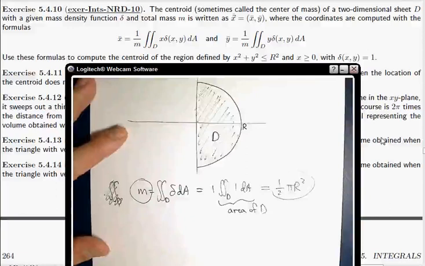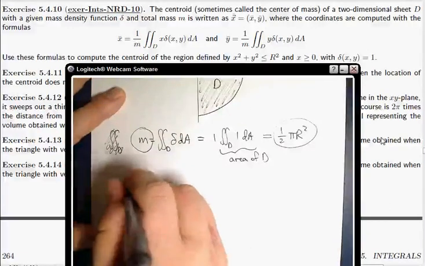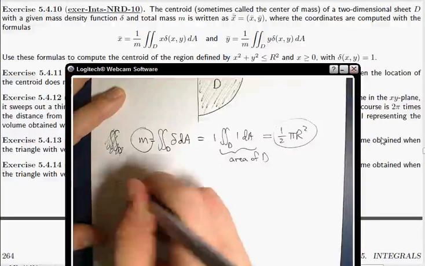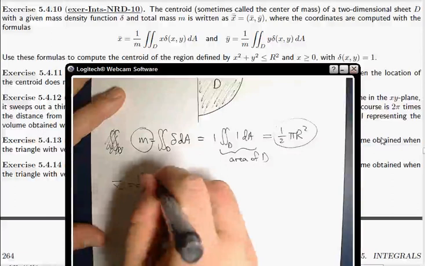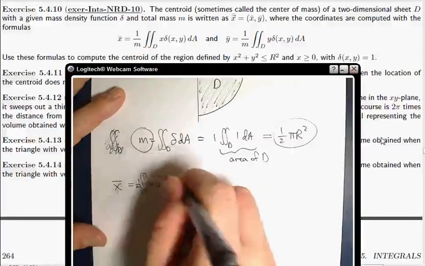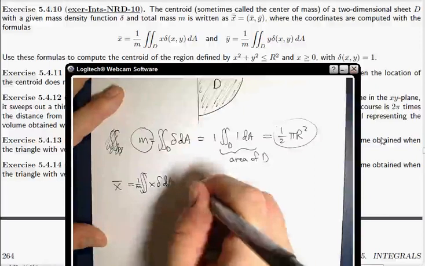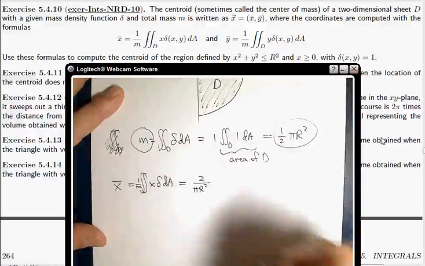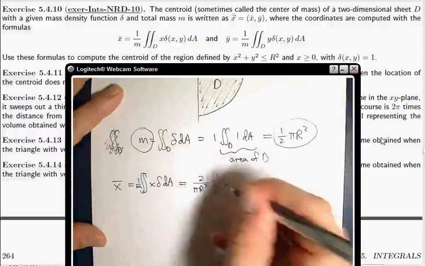Okay, so when we look at our formula for x bar then, x bar is 1 over the mass times this double integral of x delta dA. And so I can rewrite the mass right off the bat: this is 2 over pi r squared times the double integral of x dA.